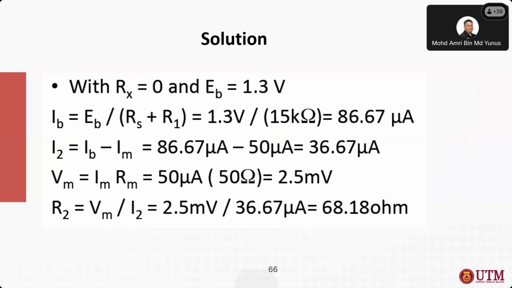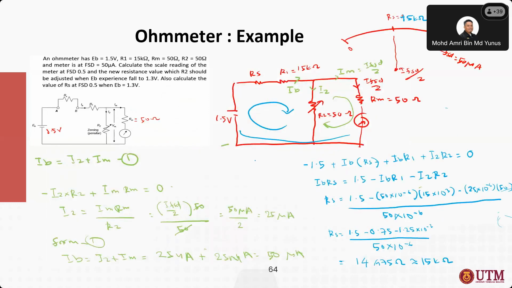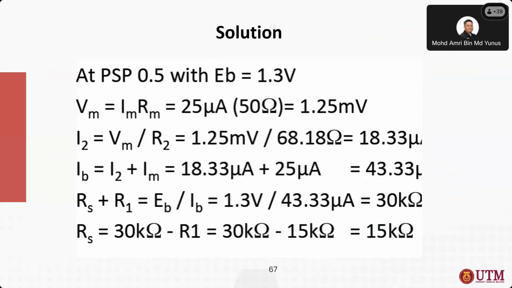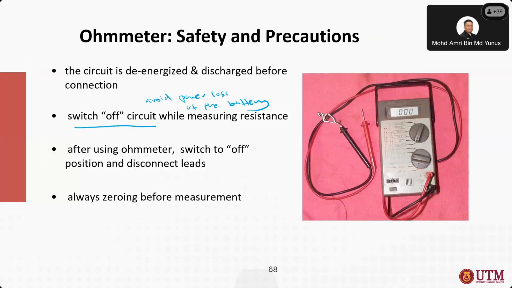Remember that in any design of ohmmeter, we require a power supply. So if we leave the system setting to ohmmeter without turning it off, that means the power will dissipate due to the internal resistance. The power will dissipate by itself.